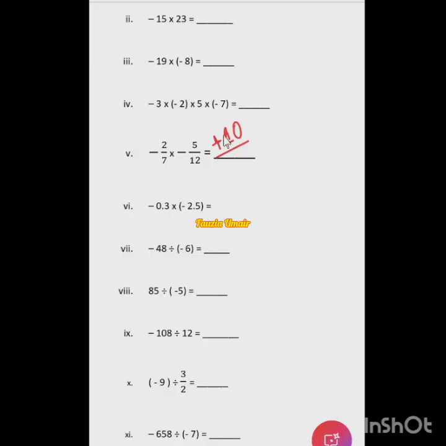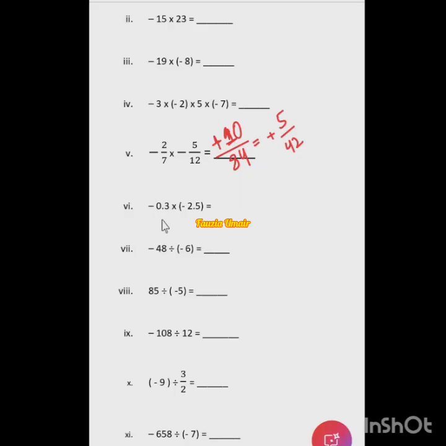Okay. Ma'am, 84. 84. So now you can still divide. Yes, ma'am, you can cancel it. So it would be plus 5 by 42. Yes, that would be the answer.